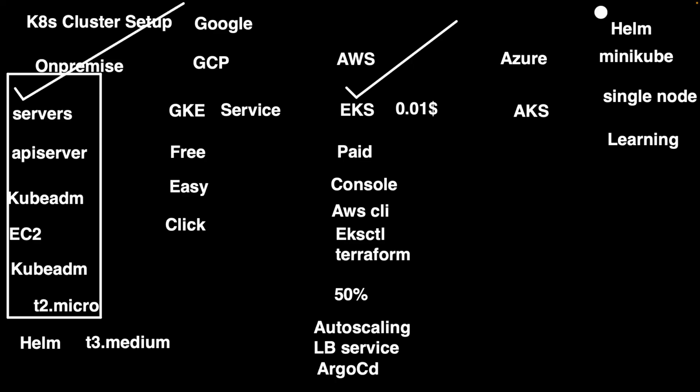No, I mean GCP or AWS or Azure. Cost-wise, I told you very clearly, AWS is a paid one, GCP is a free one. Whichever you want, you can use. More widely used is EKS. So you have to decide which one you will use. I told all the pros and cons.